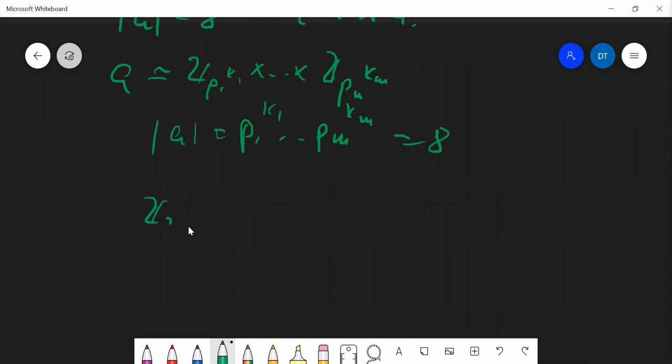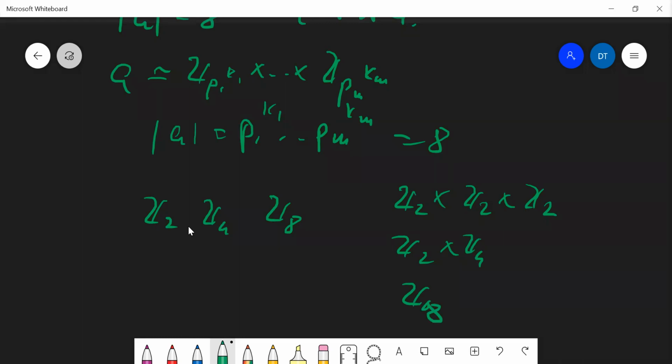So the options we have are Z2, Z4, and Z8. Now, having these blocks, we want to produce a group of order 8. So there are 3 options. You may take Z2 times Z2 times Z2, or Z2 times Z4, or Z8. So these are all possible finite abelian groups of order 8. There are only 3 finite abelian groups of order 8, and this is the complete list of these groups.